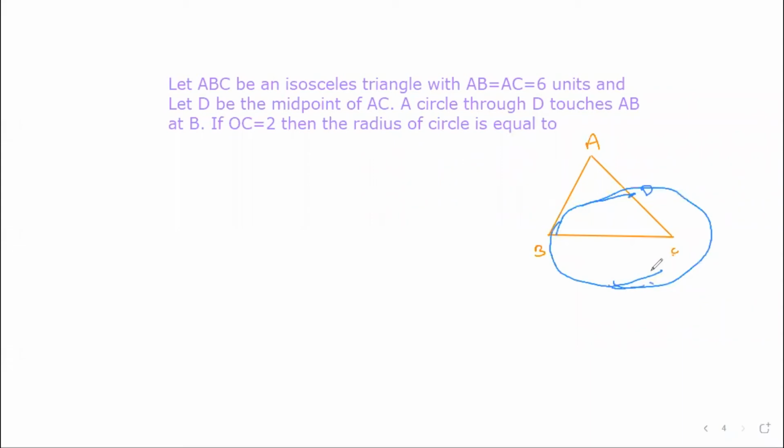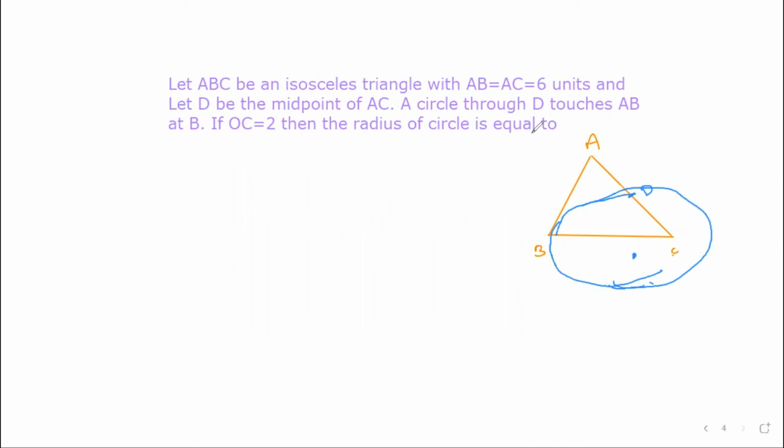So this is a circle. A circle through D touches AB at B. If OC is given, where O is the center of the circle, OC is equal to 2, then the radius of the circle is equal to.